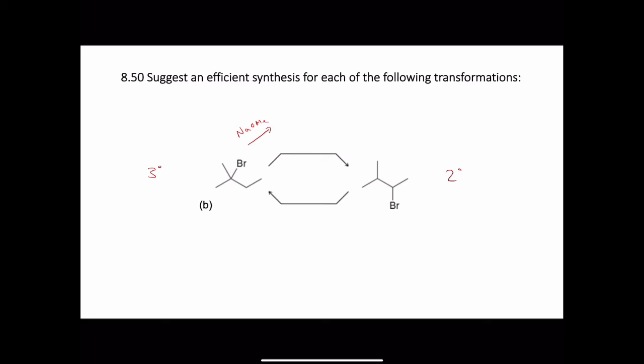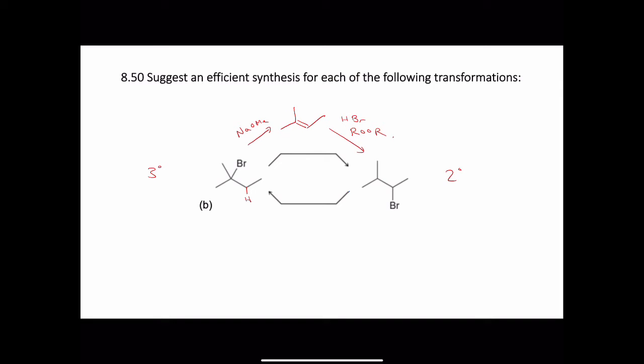I'm only going to get elimination, and I'm going to remove this proton to give me the more substituted alkene. So I'm going to end up with this alkene. What I want to do is an anti-Markovnikov addition of HBr across this double bond.